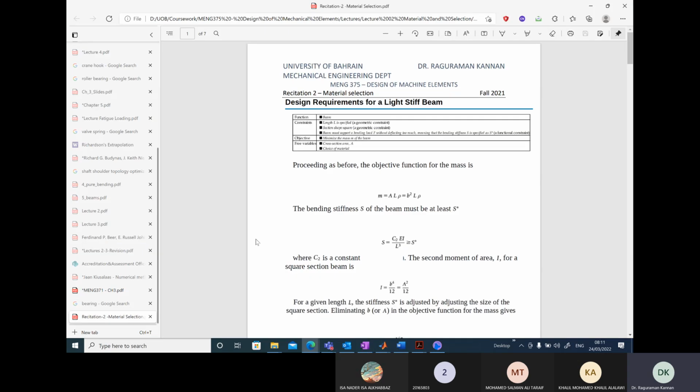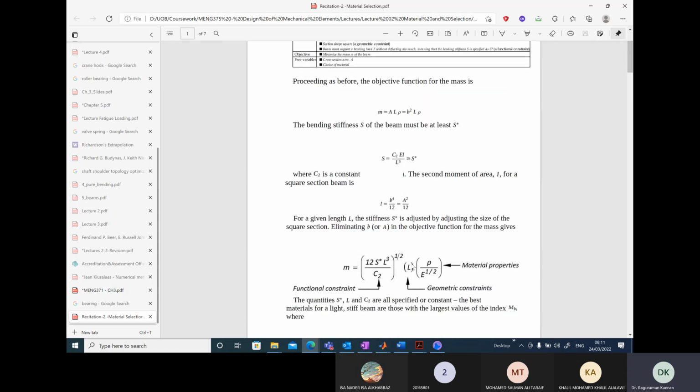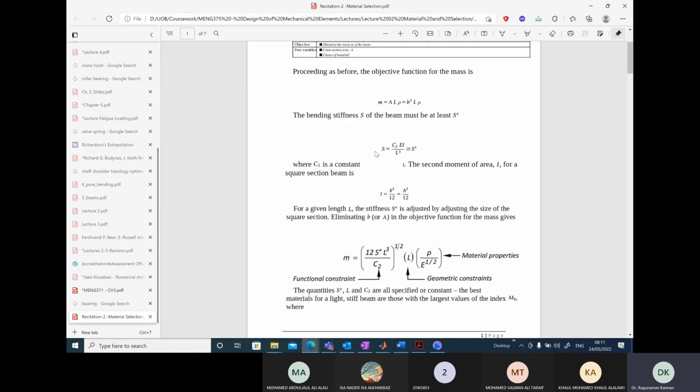Usually this deflection may be provided, and it is of the form EI over, okay, I don't think they have provided this explicitly here. So the deflection will be, I think, some constant times maybe EI over L cube, over a length L. So it is of this form, basically.